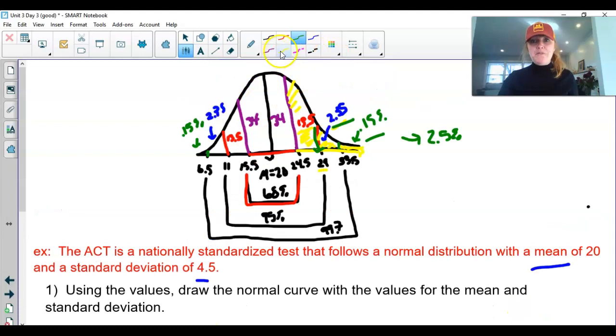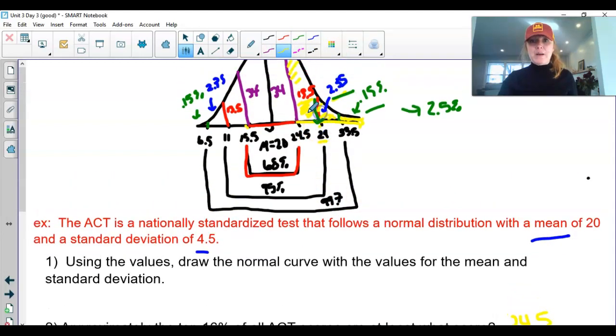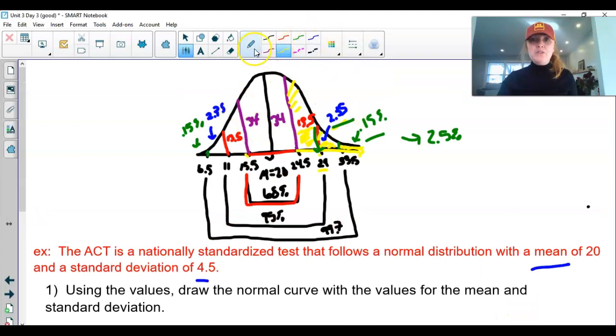So between a 15.5, right here, and a 29, right here, I'll highlight it so it looks a little better. That's all this area here, between a 15.5 and a 29. It's all that highlighted area there.